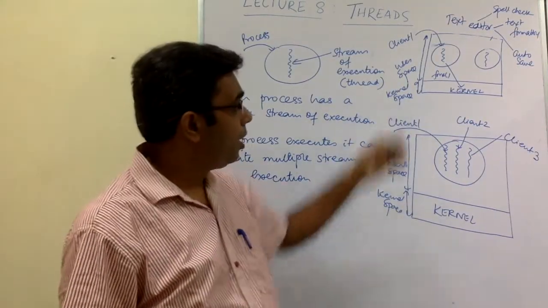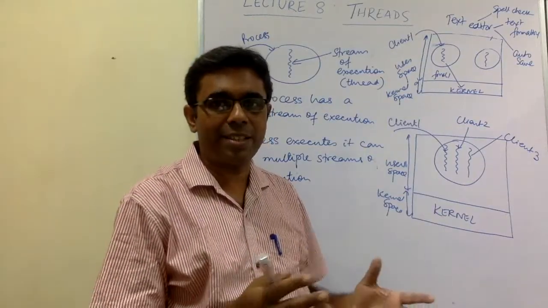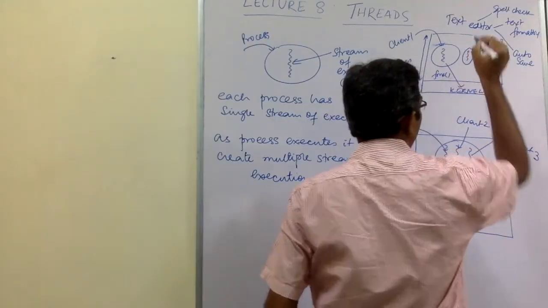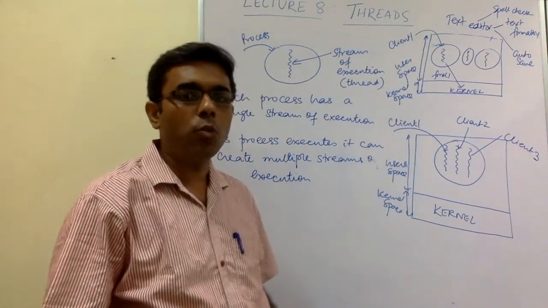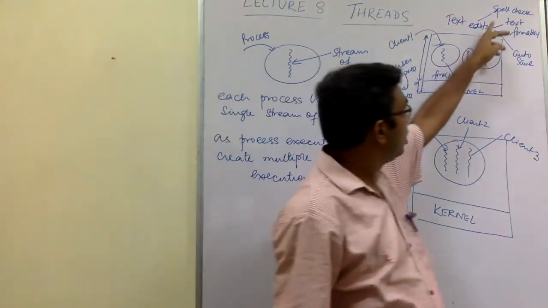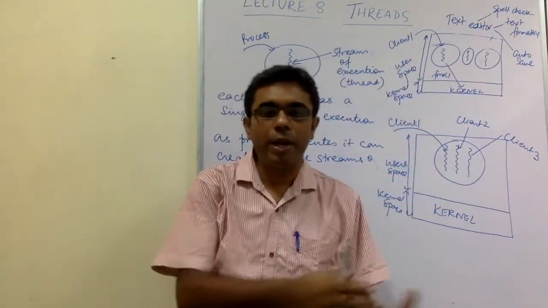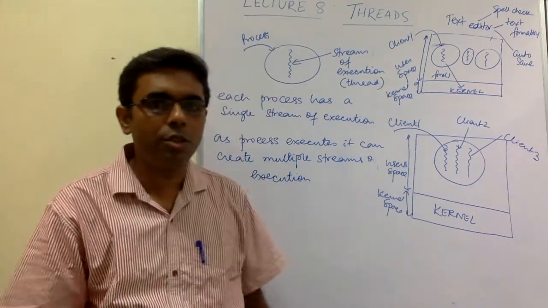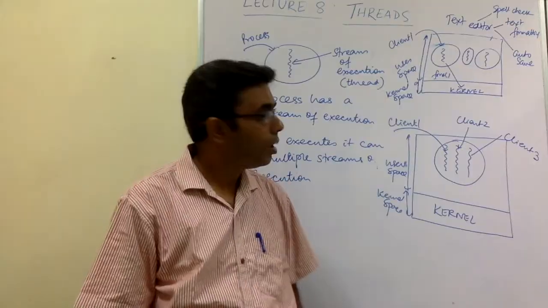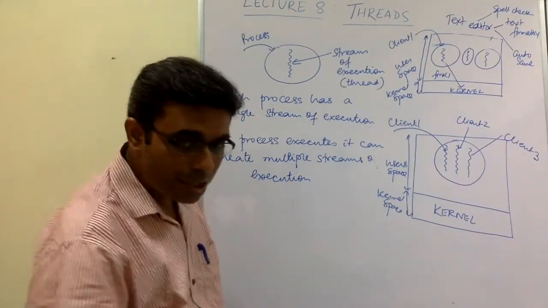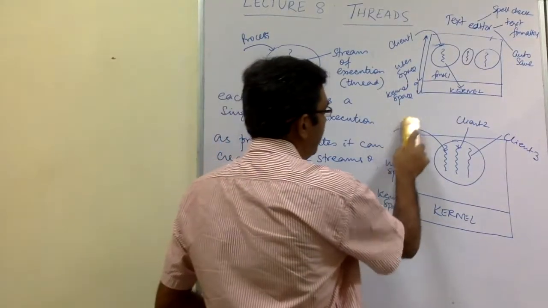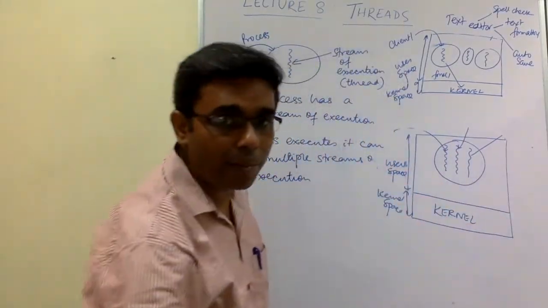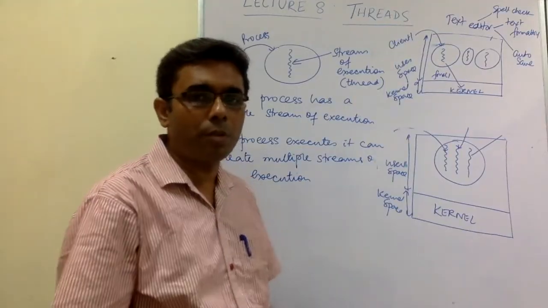The first solution would be that the text editor process would create 3 copies of itself, and each one of them would work on one of these 3 jobs. You divide the work among these 3 processes which are created. The other solution would be that instead of creating 3 processes, you take this text editor process and create 3 multiple streams out of it.